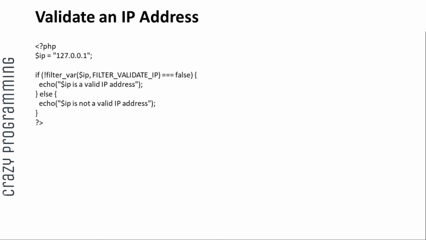Then I use an if statement, that is not filter_var. Inside this I use IP, then comma, FILTER_VALIDATE_IP. This is the function I use, and it will validate the IP. And then I use triple equals to false, and if it's false, then it will tell IP is valid IP, else it will tell IP is not valid IP.